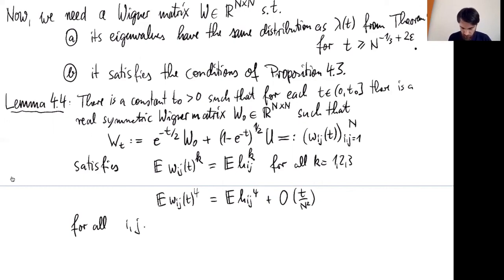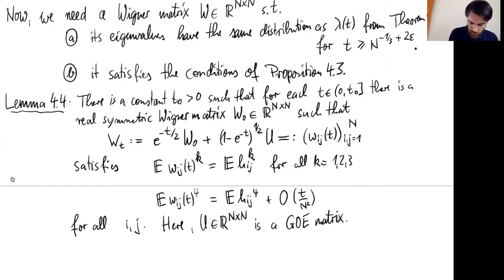And as before, U is a GOE matrix. What you recognize is that the right-hand side has the same distribution as what we expect from H. So the right-hand side has the same distribution as what we expect from the matrix flow if we start the matrix flow at W0.